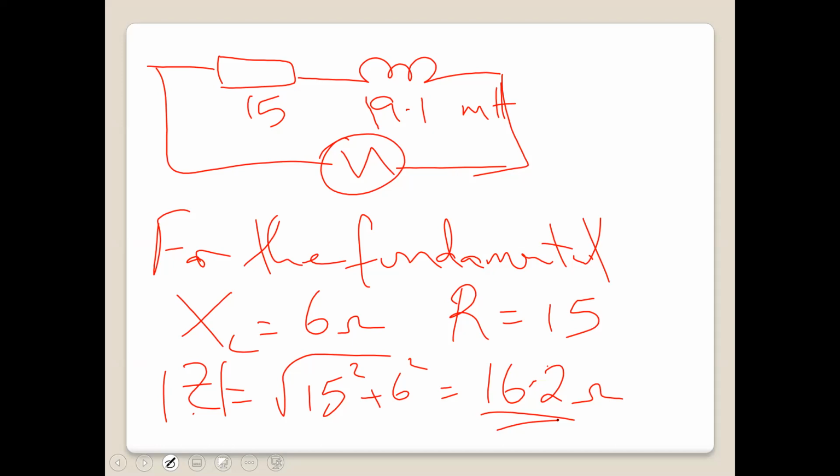This is 16.1155. All right. When you're doing these things, you don't round off so quickly. You do your rounding off at the end, Miss Hanson, all right? Yes, sir. Good. All right. But I leave it for now.